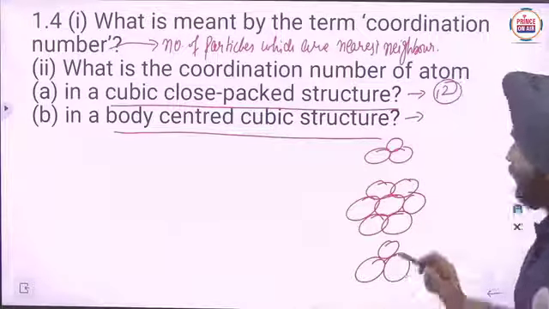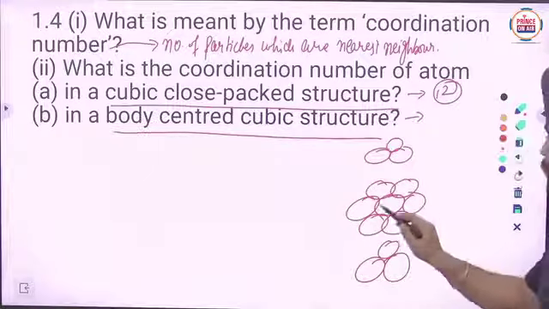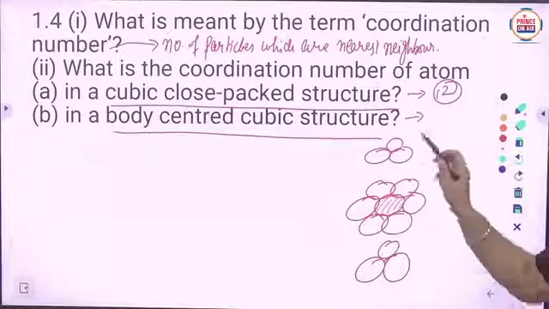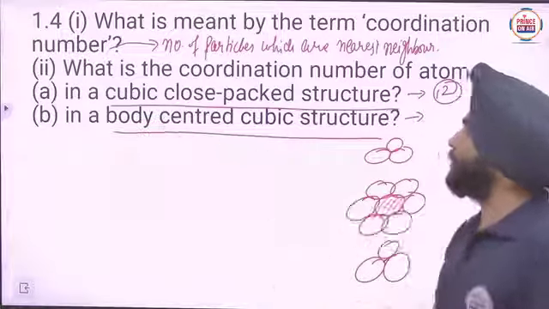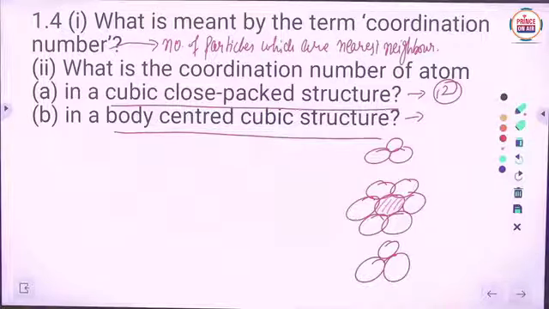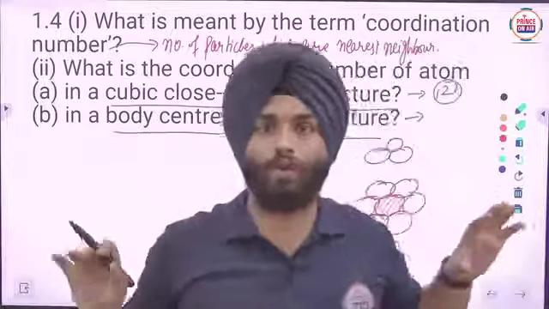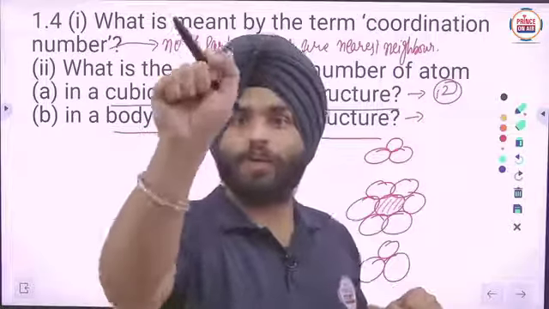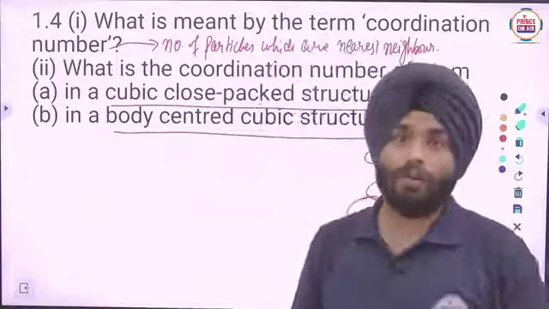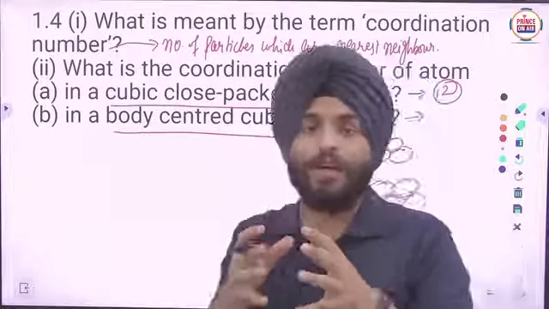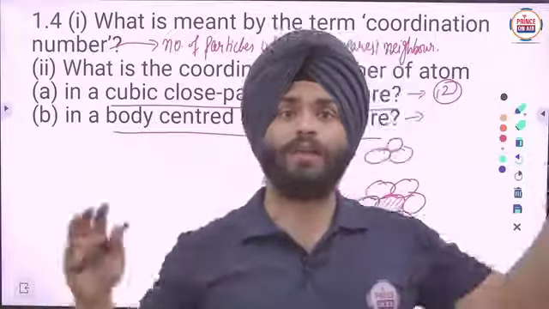If you see this particle, it is touching 12 particles, so it is a cubic close packed structure. And similarly for the body centered cubic structure, if this is a cube and I put a particle at the center of the body, it will touch front, back, left, right, up, down.